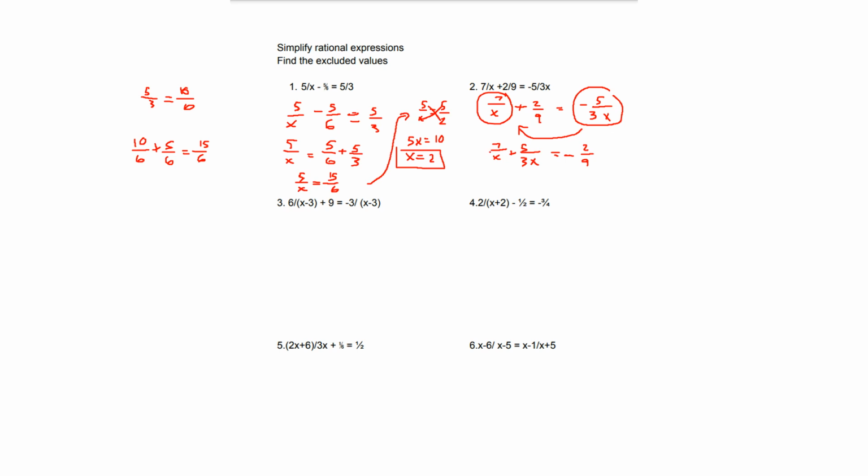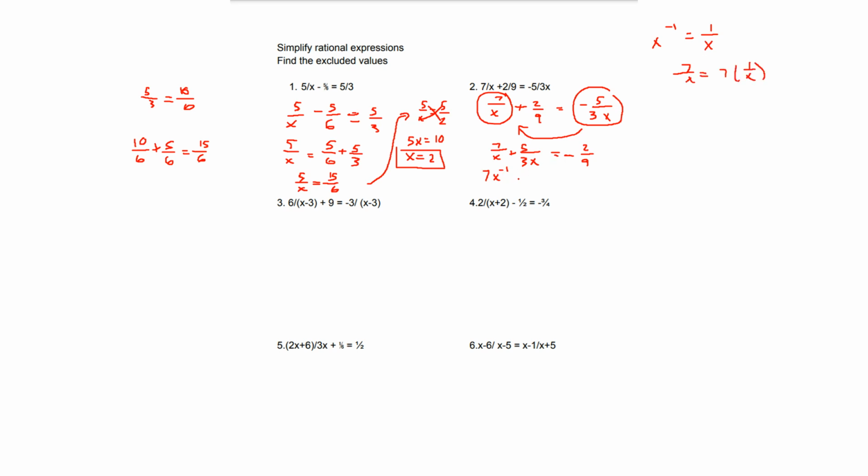Now 7 over x plus 5 over 3x. This may look confusing, but this is also just 7 times x to the power of negative 1, because x to the power of negative 1 is 1 over x. And 7 over x is also just 7 times 1 over x.